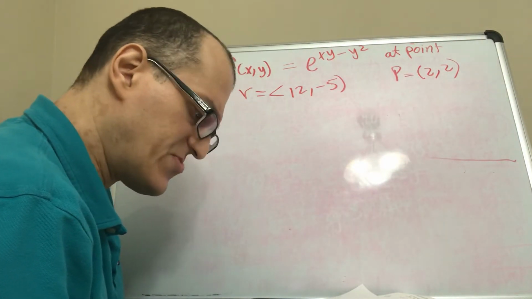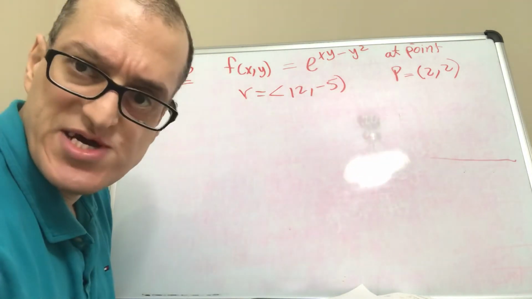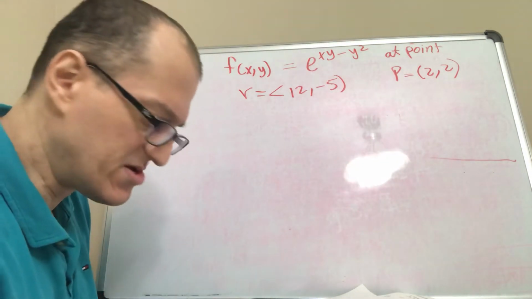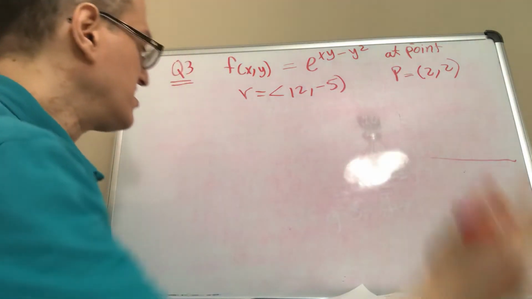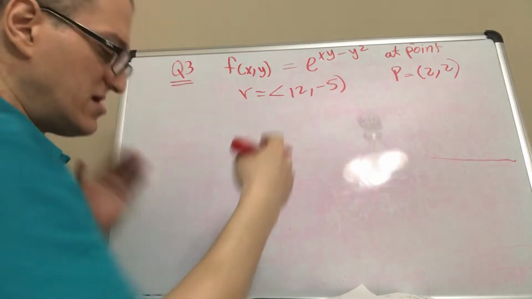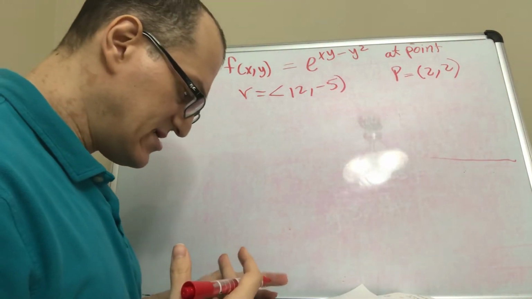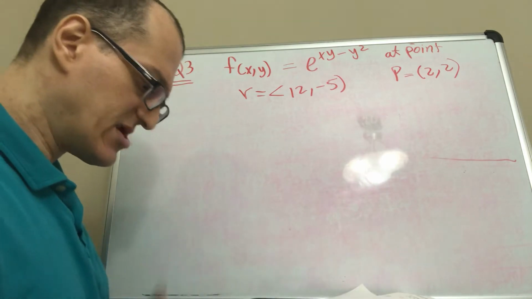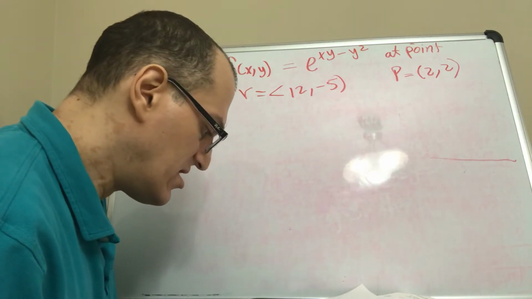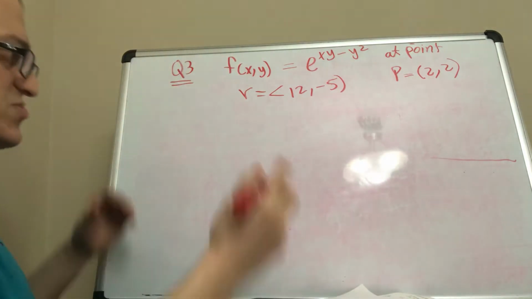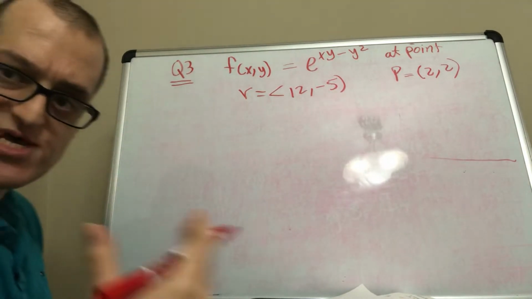And you're asked for the rate of change. Well, when they ask for rate of change, they're asking for the derivative. And then they tell you A, B, C, D in the different directions. To do this, we have to do something called gradient.